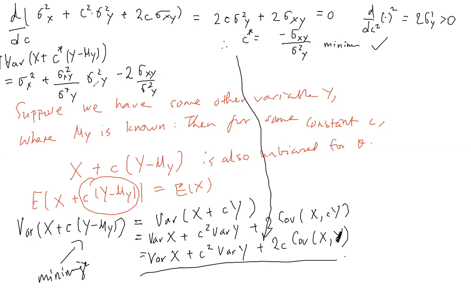Okay, so you can cancel this 2 with this, so you get a 2 here. So this becomes variance of x minus, actually there's a square here, because the covariance of xy is over this.